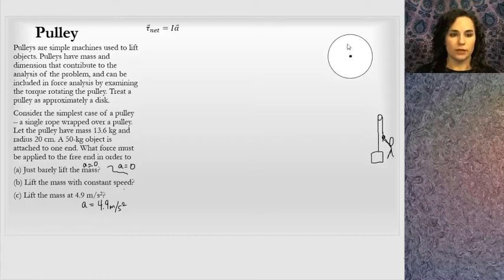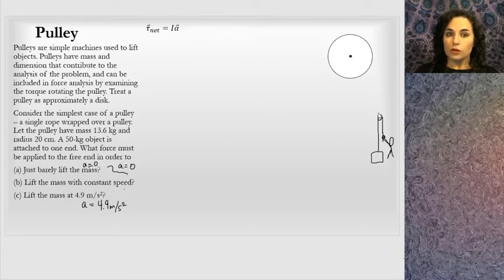and pull the mass up, okay? So when I look at that pulley, it has two forces on it. It has the force from the tension on this side of the string and the force from the tension on the other side of the string. This will not be the same force.